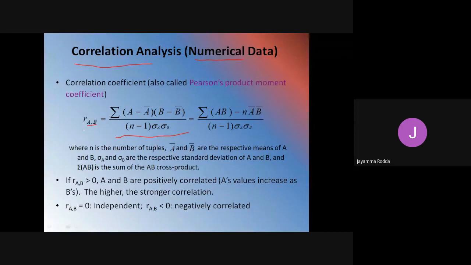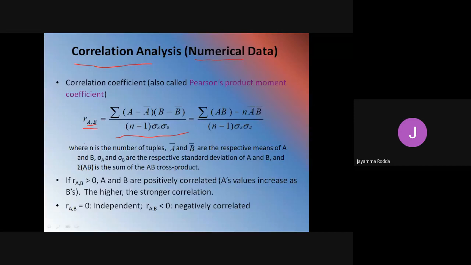By applying this formula, or a simplification of this formula, if the resultant value R_A,B is greater than 0, they are positively correlated. If R_A,B is equal to 0, there is no correlation, they are independent.